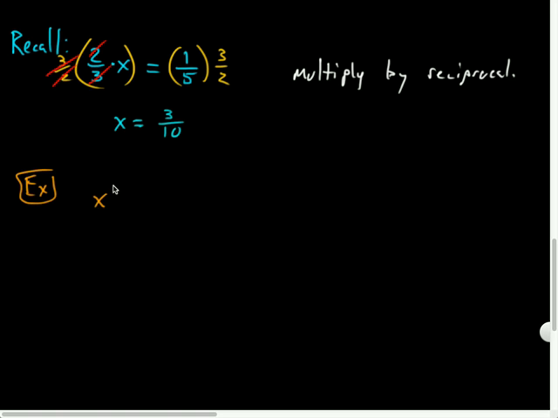How about I've got x squared minus 1 over x squared plus 4x minus 12. And I'm dividing by another fraction.